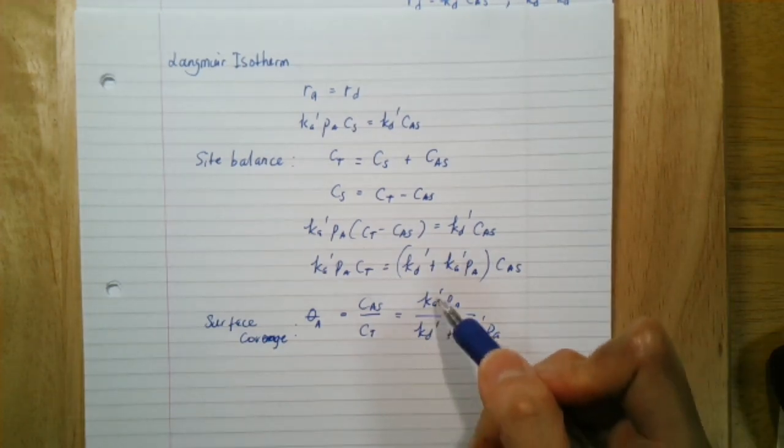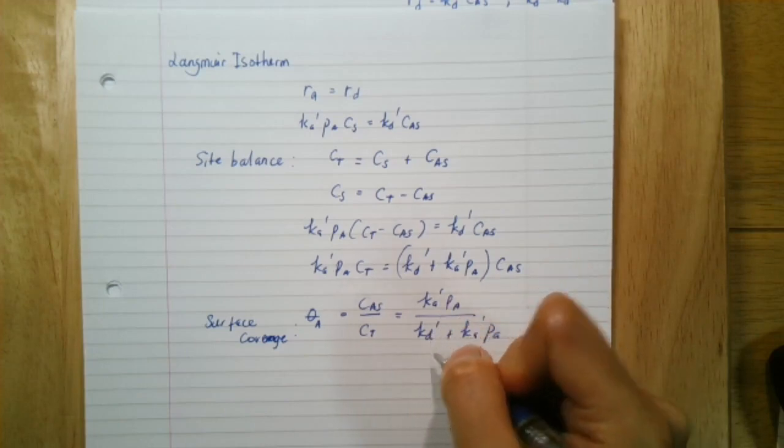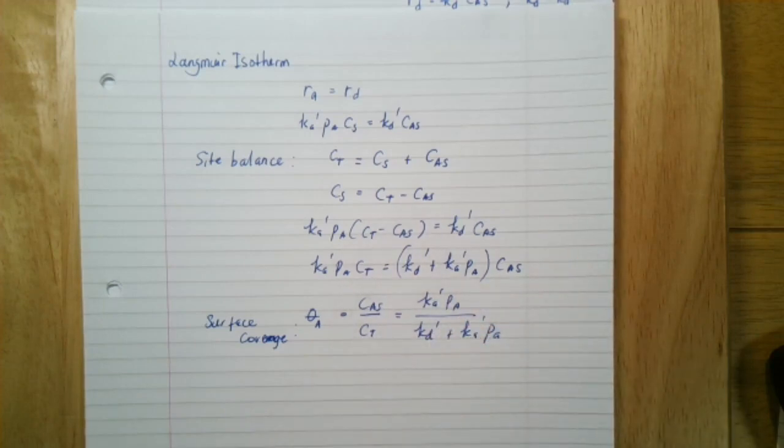So here I have rate constants, Ka prime and Kd prime, but they are very difficult to measure. So I would like to replace them with the equilibrium constant because equilibrium constants are easy to measure. So you just leave your system and wait for it to reach equilibrium and measure the compositions and calculate your equilibrium constants. Whereas rate constants, so the small case, are very difficult to determine, especially for fast processes.